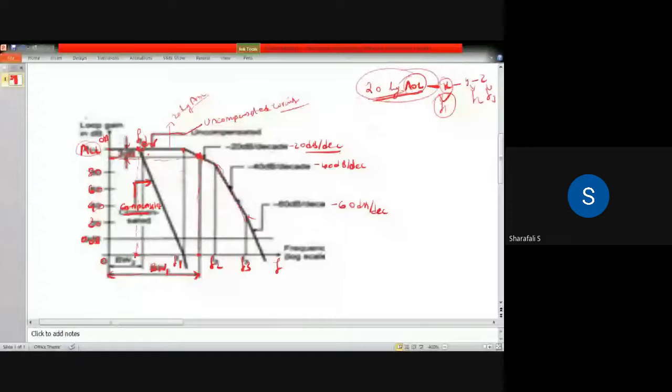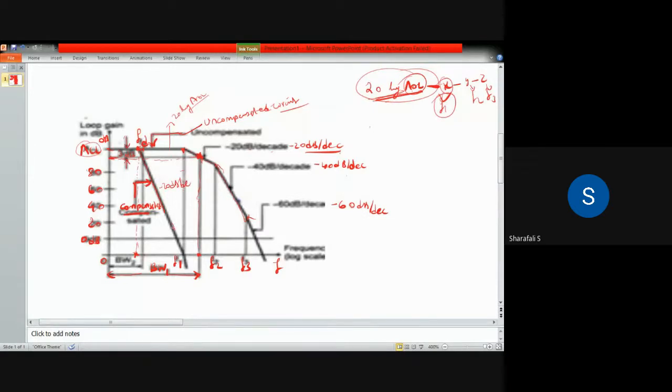If that is the FD value, and you take the 3 dB point, then your break frequency will be at this position. From here itself it is going to start decreasing at a rate of minus 20 dB per decade.